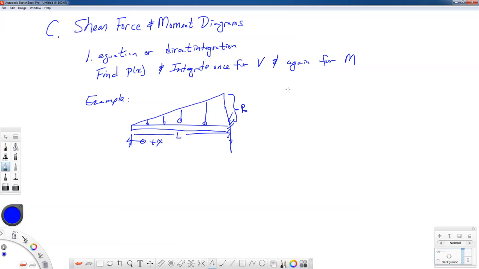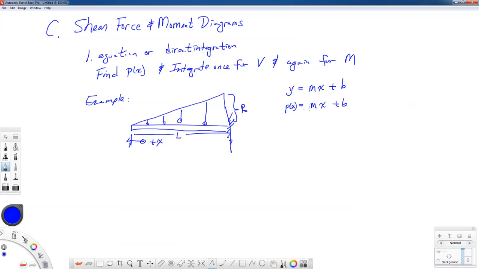Now it's an equation of a line, like y equals mx plus b, but we're finding the load function p of x. So we have p of x equals mx plus b.